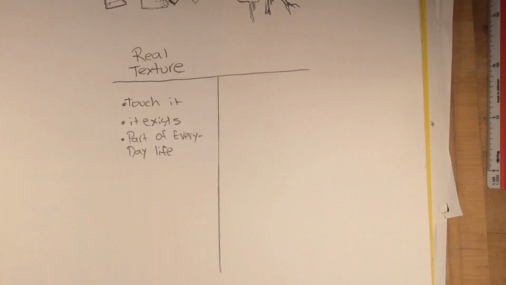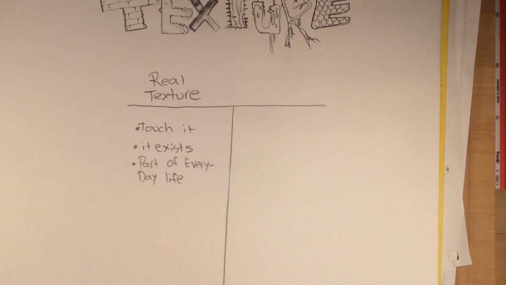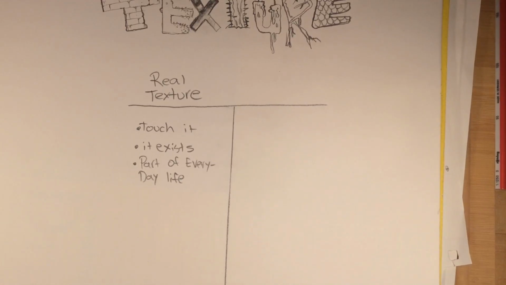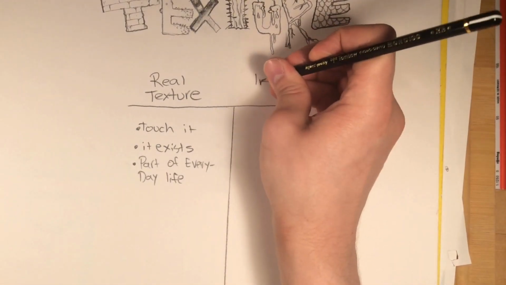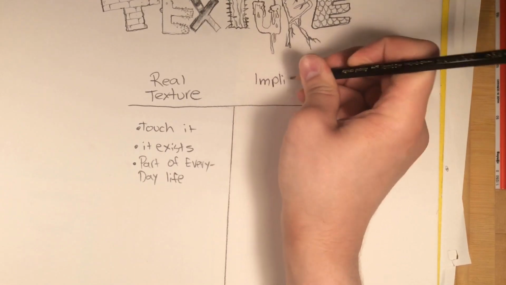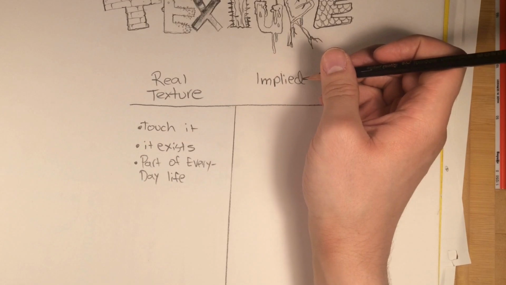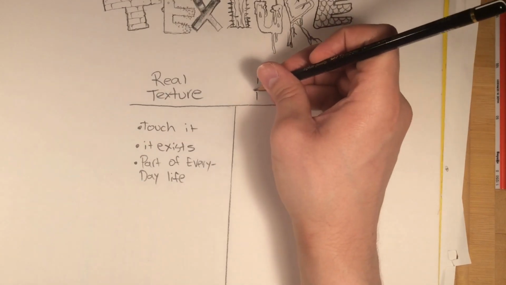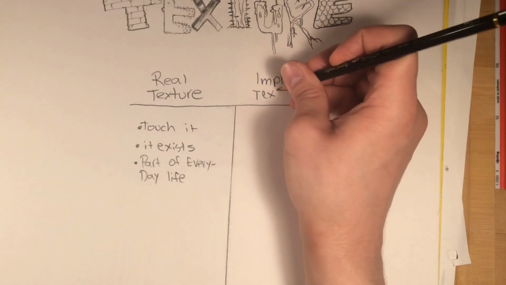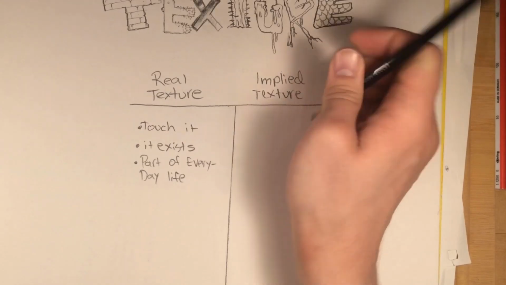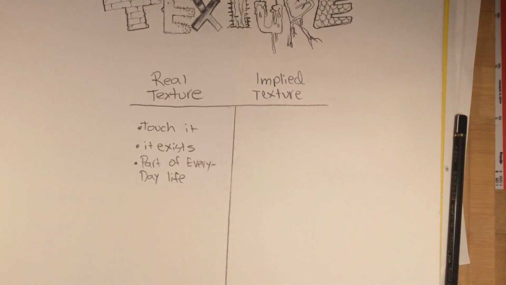Now, there is another kind of texture that is important to artists, and that is implied texture. If I imply something, I'm hinting at it. I'm not saying it, but I'm hinting at it. So when we say implied texture, we're talking about a texture that we draw, but it's not a real texture.